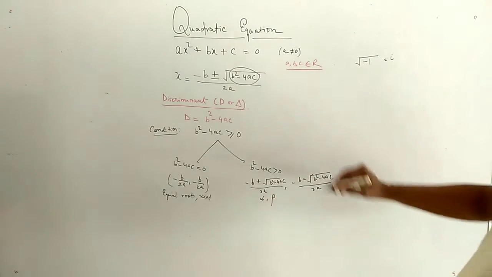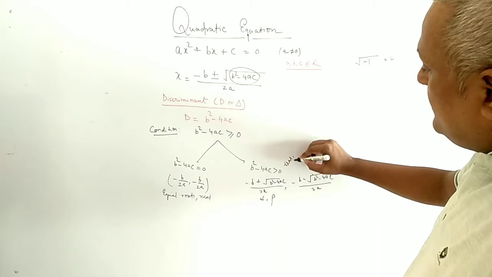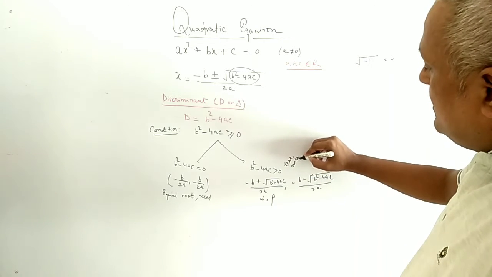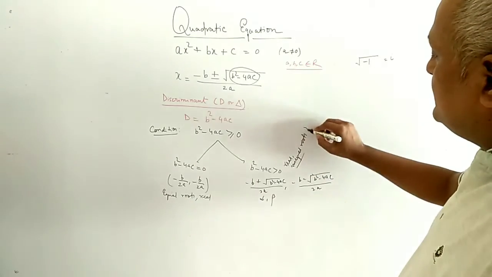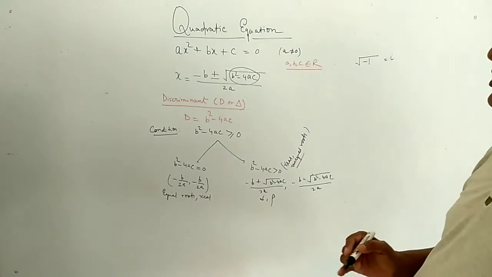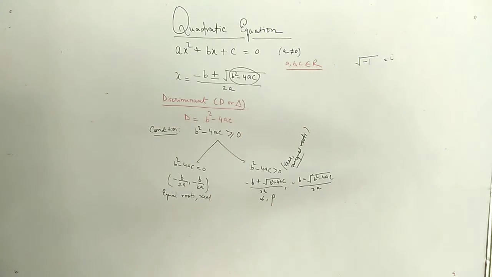Distinct roots means real and unequal roots. Unequal roots are also called real and distinct roots. Distinct because they are different.